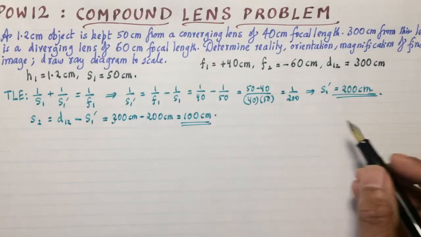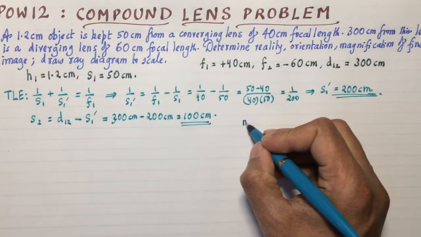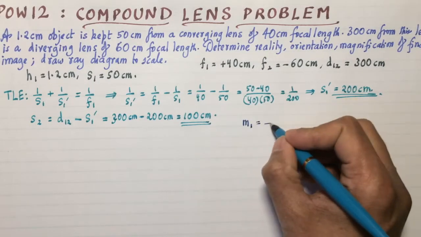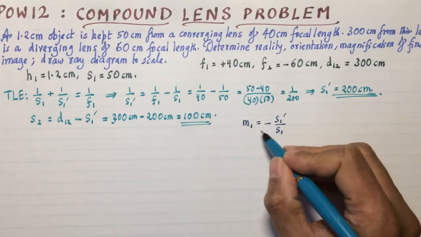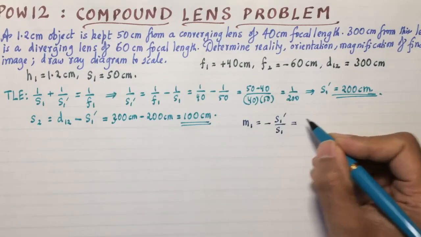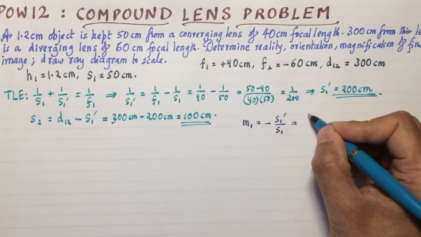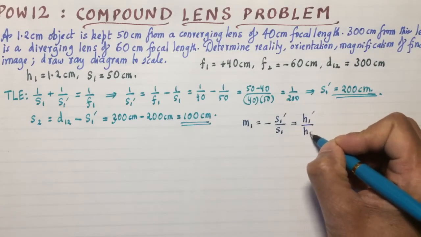Now while we are at it, let's also calculate the magnification. The magnification from the first lens is given by the magnification formula, and that formula is negative S1 prime over S1, which means it's a negative image distance over the object distance, and the magnification is also equal to the height of the image over the height of the object.